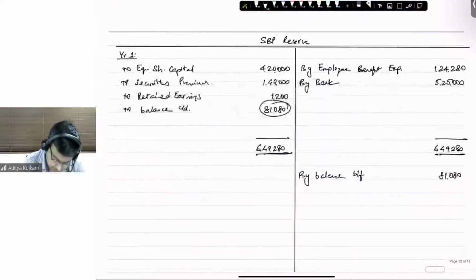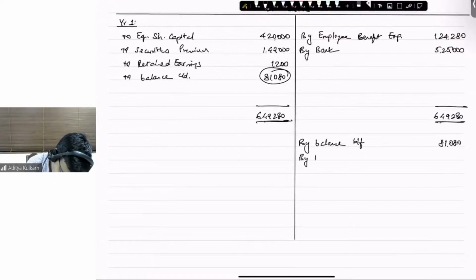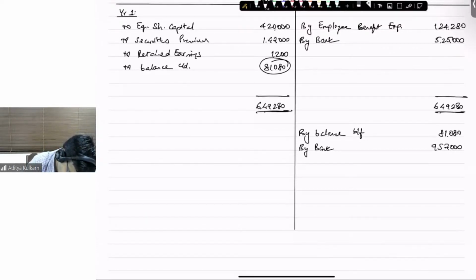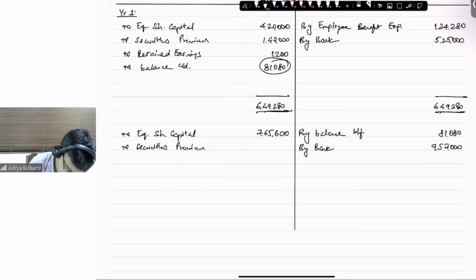Okay, so let us give the effects by bank: 9,57,000 to equity share capital 7,65,600, securities premium 2,87,100, to retained earnings 1,800.